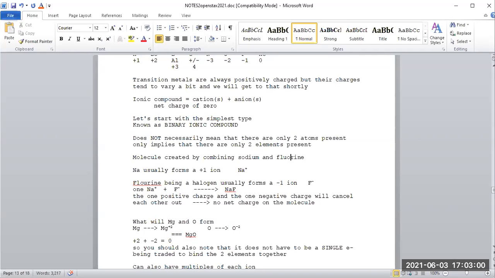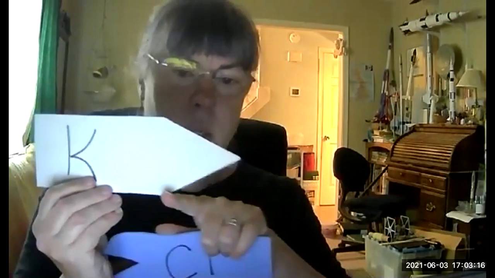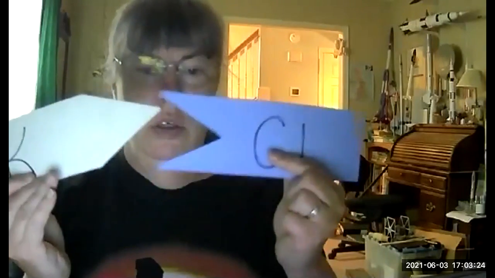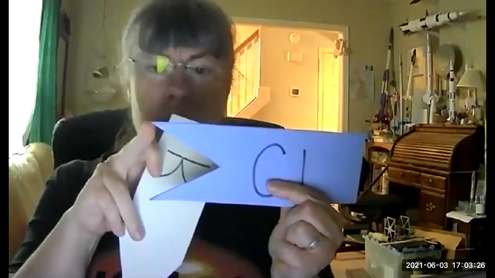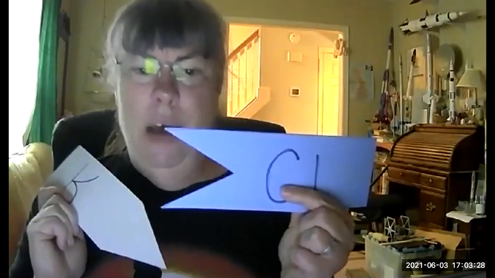I'm going to attempt to show you my little toys. At least it helps a little bit with the visual. So how about potassium? Potassium, same column as sodium. Note, it has one pointy bit. That's to remind you that it has a +1 charge. All right, here's my chlorine. My chlorine has one cutout.